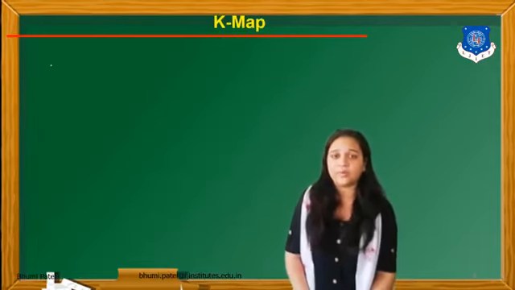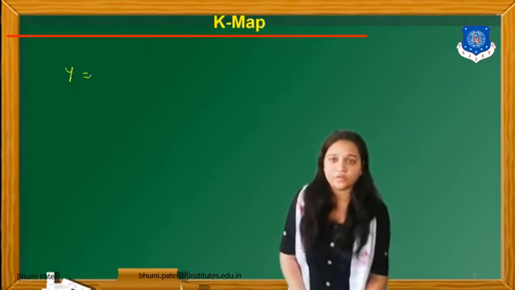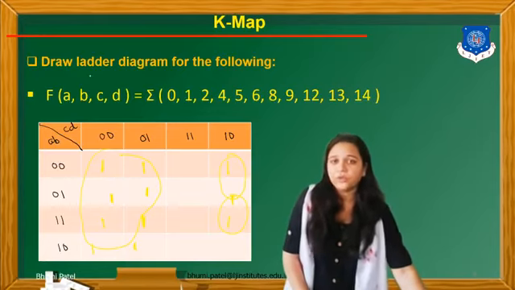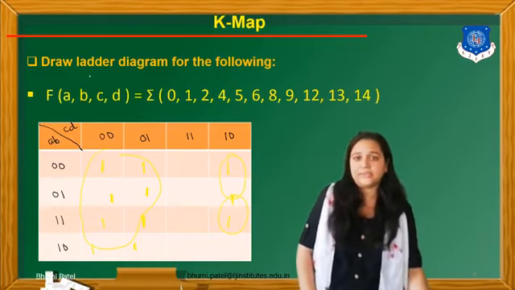So the Y is equal to, first of all, for the 8, 1 pair we can get the common term is C bar.